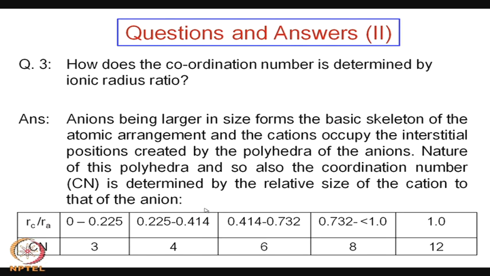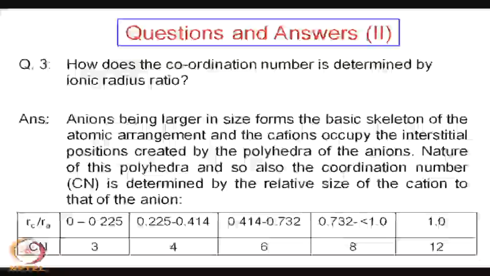I think the third question is, how is the coordination number determined by the ionic radius ratio? It has an important role, no doubt, but how exactly is it determined? That is what one has to remember, these limits. The answer to this question is, the anions being larger in size form the basic skeleton of the atomic arrangement.